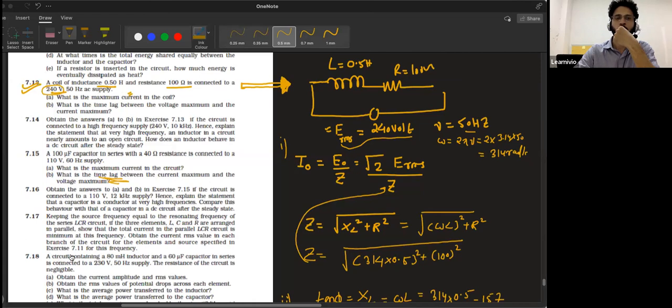If you connect the charged capacitor. No, I need one more lecture for this chapter.